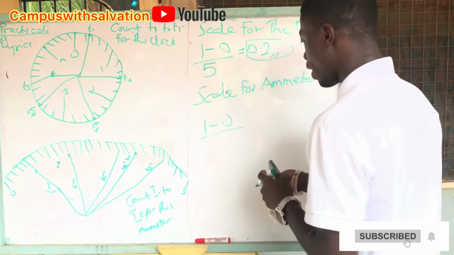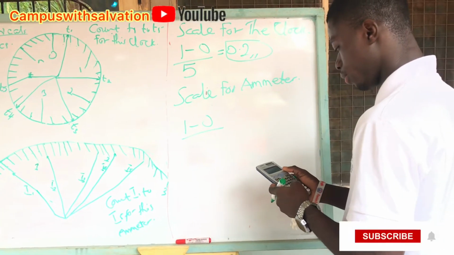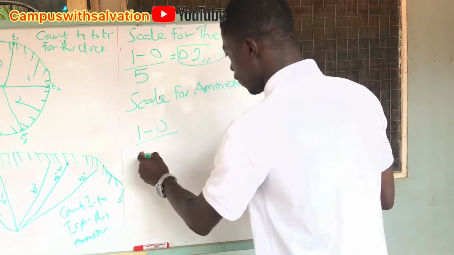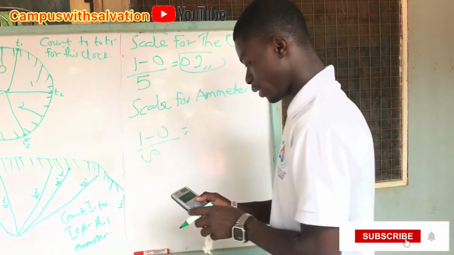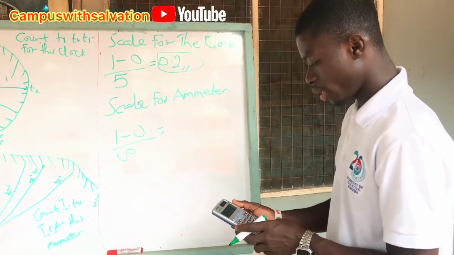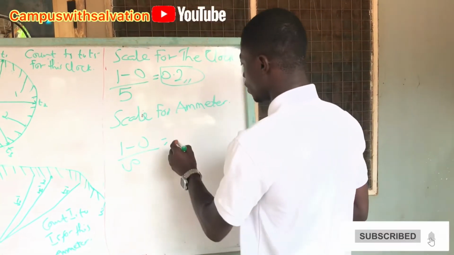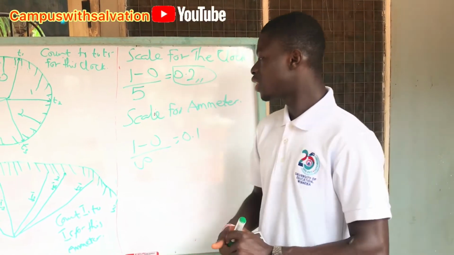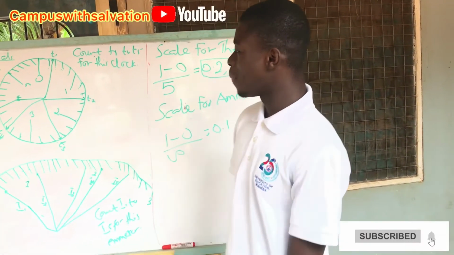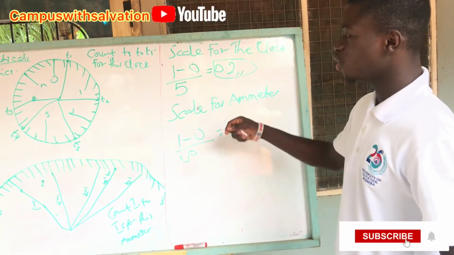So we had it to be 10. So 1 minus 0 divided by 10 gives 0.1. So our scale for this particular ammeter is 0.1.